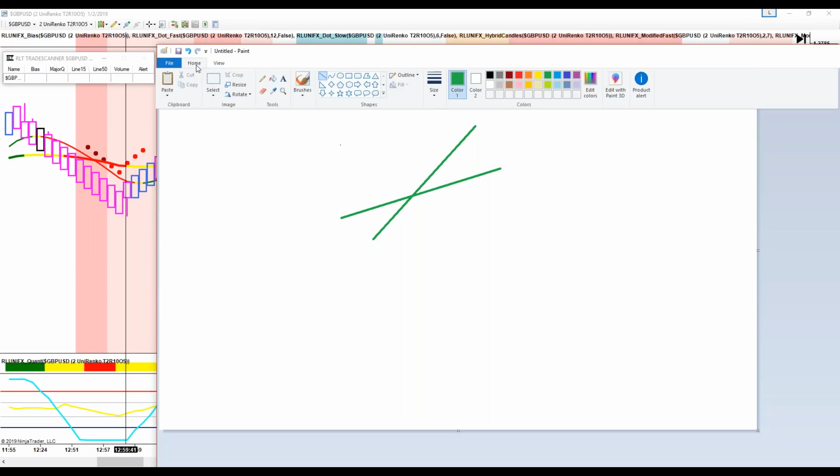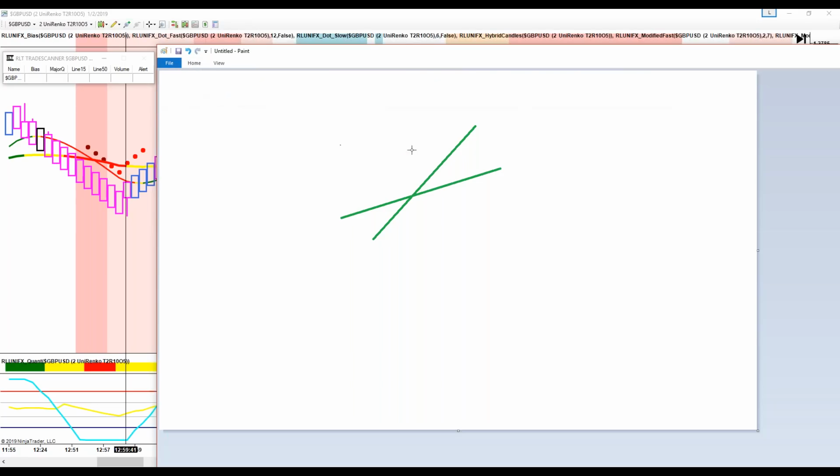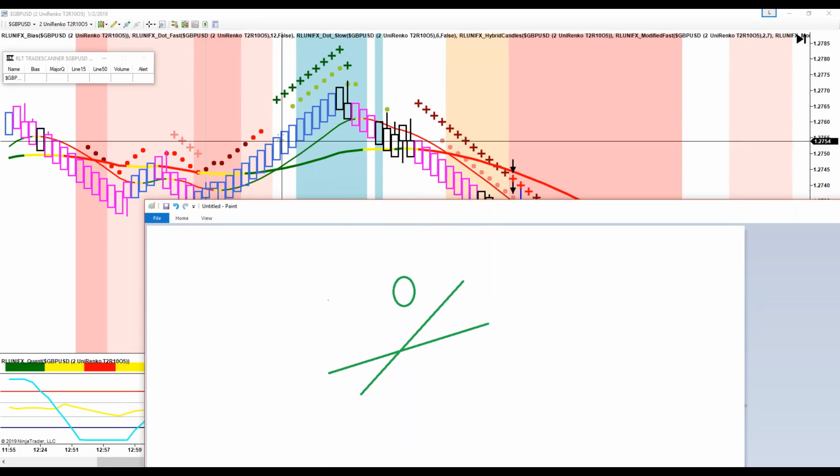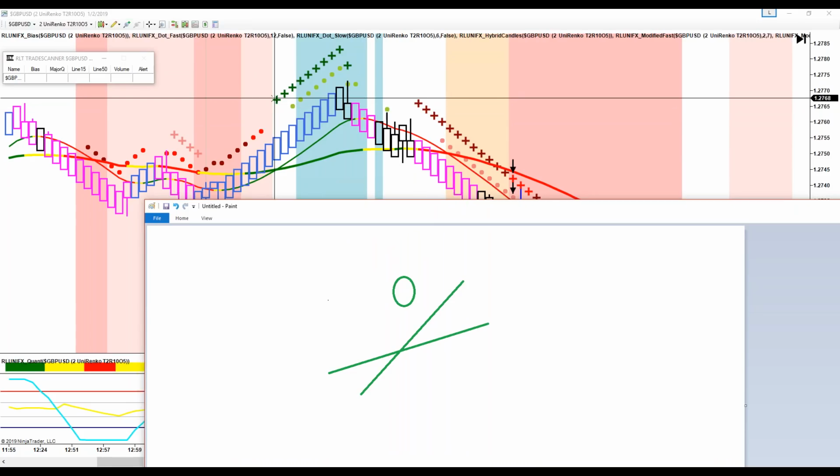And here's price. Now that's the strongest position you can have. The 15 crosses the 50 to the upside. The 50 is heading up. The 15's heading up. Price has got to be above both. That's when you've got the darkest color dot.